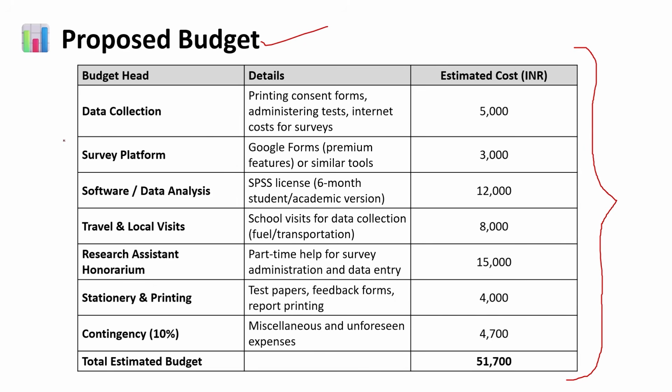So you may consider all these points that may include different costs, including the methods or instruments you will use, your travel, local visits. If you are hiring something to work under your project, if you are PI, then you can include these costs, stationery, printing, contingency, and you can also include any miscellaneous cost if involved. So in this way you can smartly make use of Paperpal to draft your research proposal.